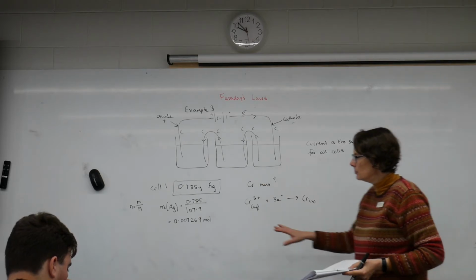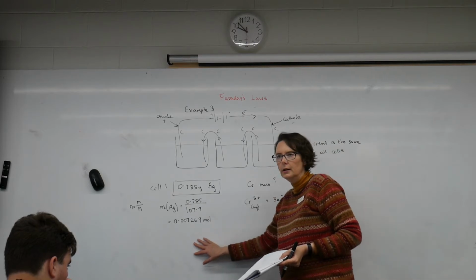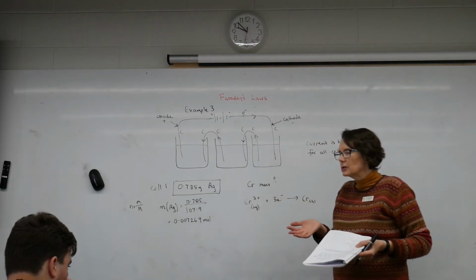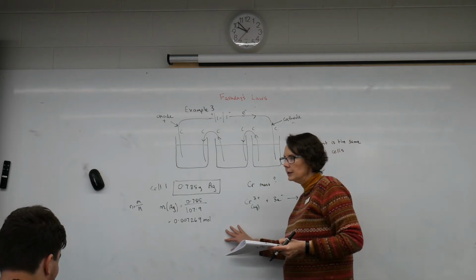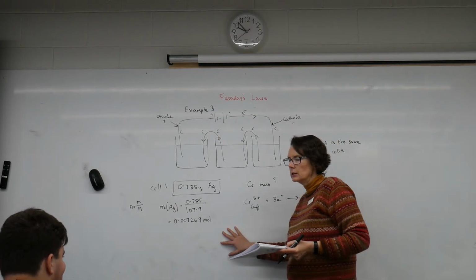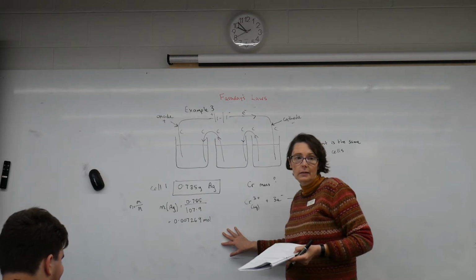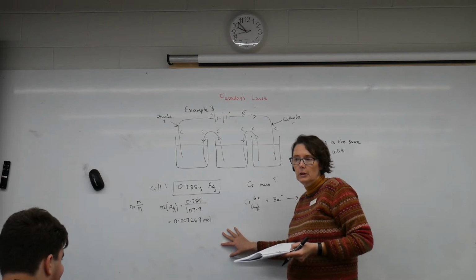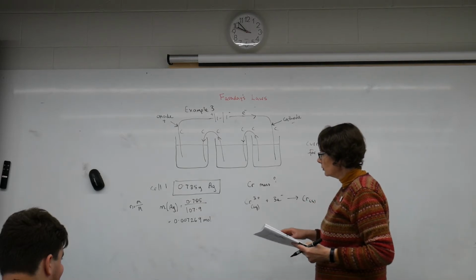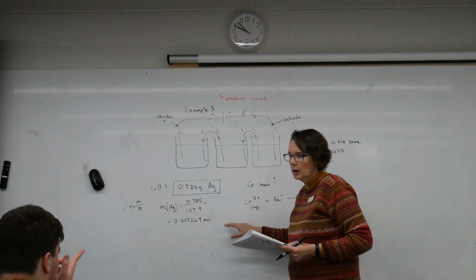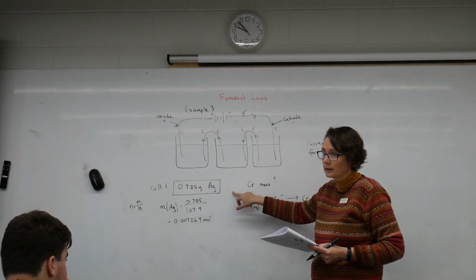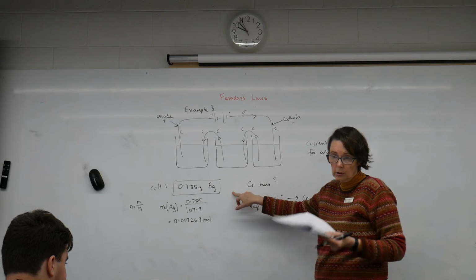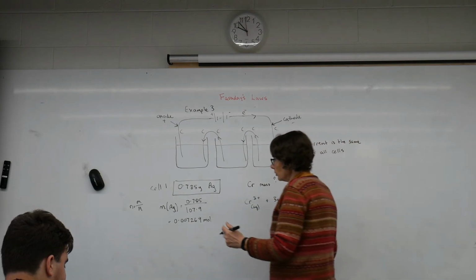So we know we have this many moles of silver. If we were doing this for any metal, what's something else that we're going to need to look at? Get the moles of electrons, yeah. We need the reduction half equation for this one, don't we? So we can work out that moles of electrons.